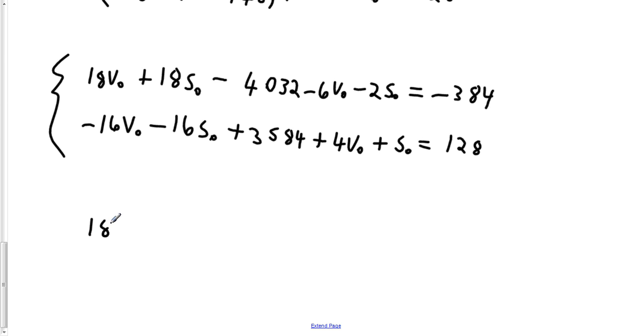I have the 18 v naught and the negative 6 v naught is indeed 12 v naught. And I have the 18 s naught and the minus 2 s naught is indeed a 16 s naught. But then I'm actually forgetting about this term. I have to add 4032 to both sides.